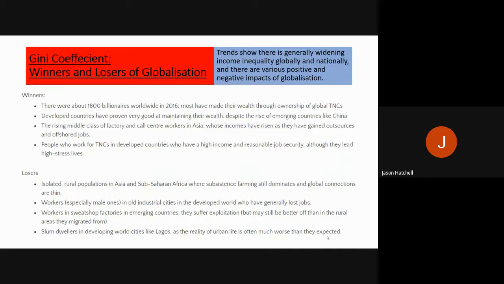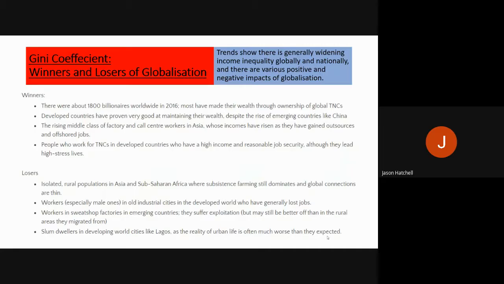However, there are a few losers in the globalization ideal, and they are isolated rural populations, mainly in Asia and sub-Saharan Africa, where farming, particularly crop farming, is still the main economic sector. Workers, especially male ones, in old industrial cities due to deindustrialization have lost out.